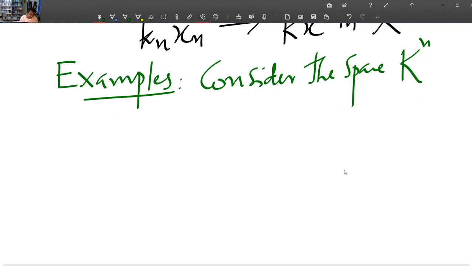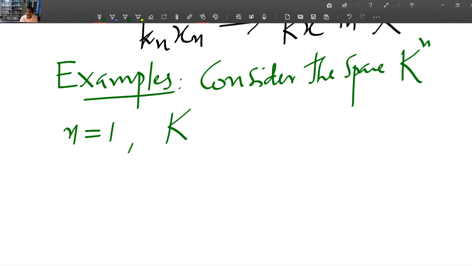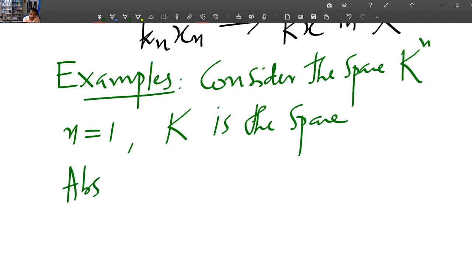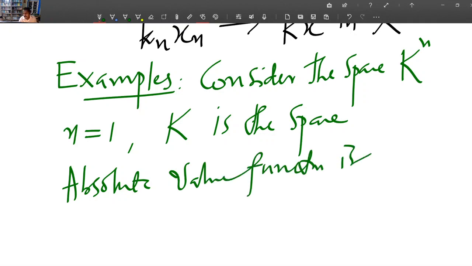As a first case, consider n equal to 1. Then the corresponding space is K itself. K is R or C, and the absolute value function is a norm on K.